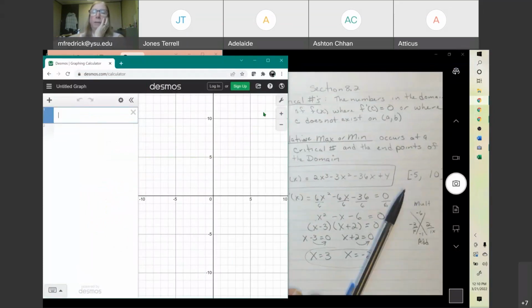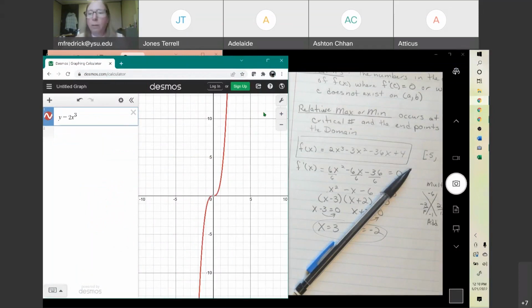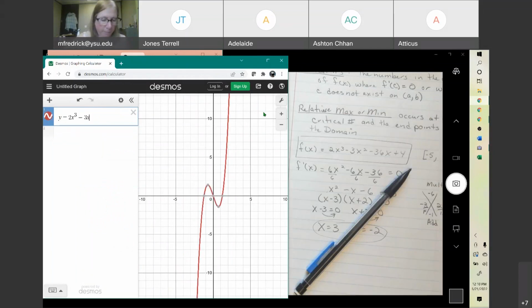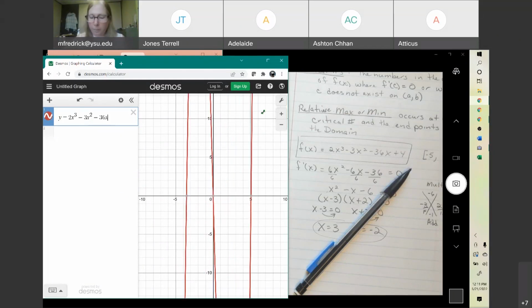So we're graphing the one that I circled. Y equals 2x cubed minus 3x squared minus 36x plus 4.